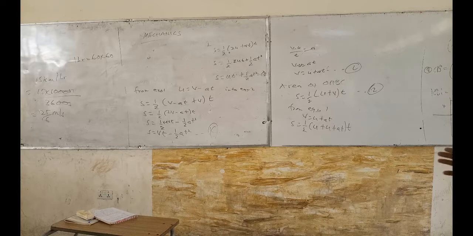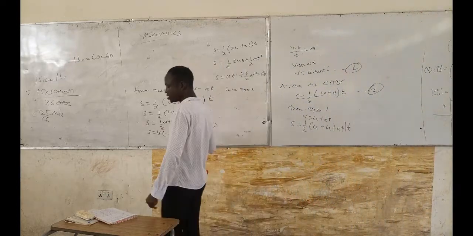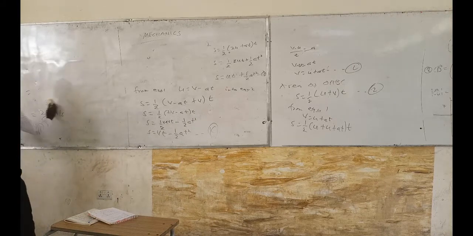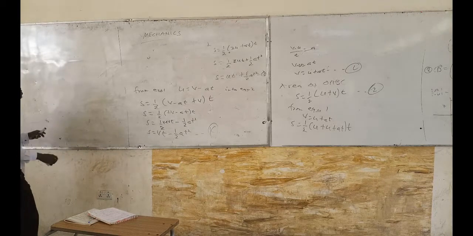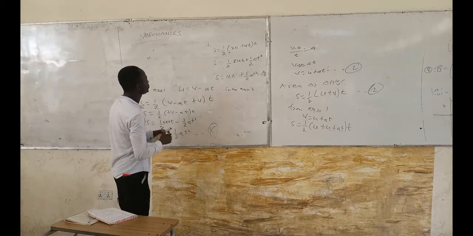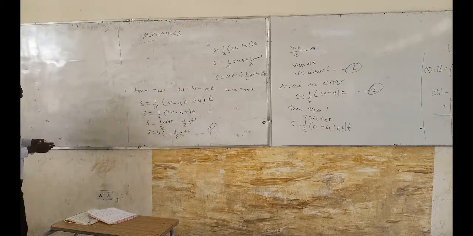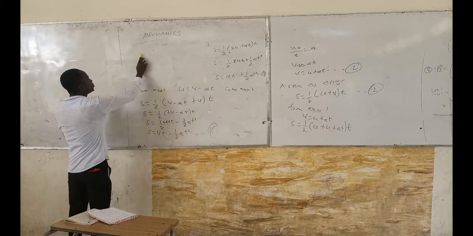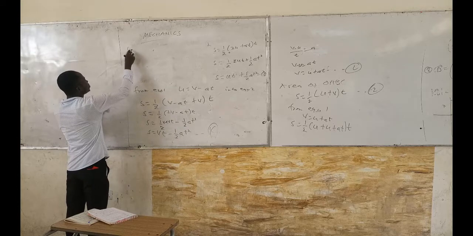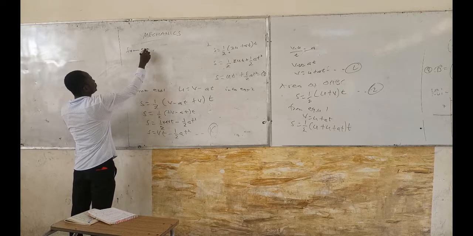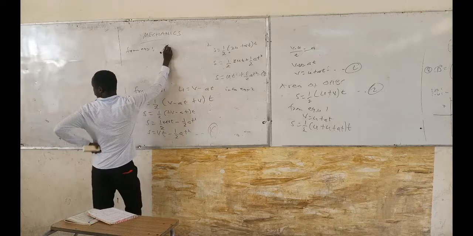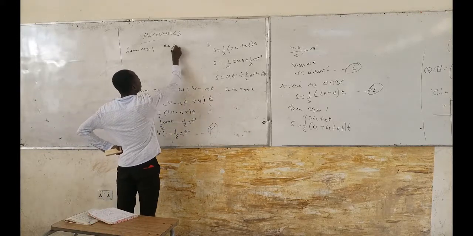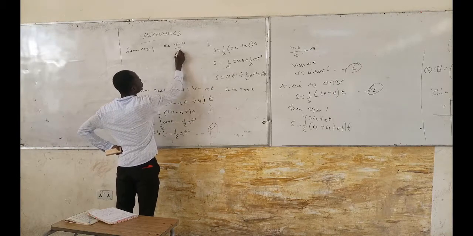So you shouldn't fumble. Let's look at another case. Let's try and make t the subject from the same equation. From equation 1, t will be equal to (V minus U) over a.